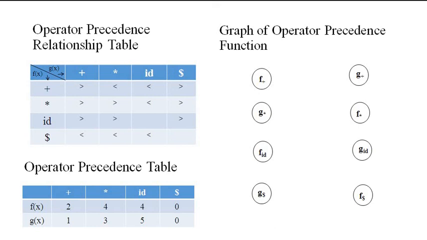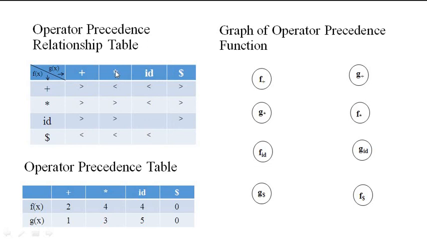So the first left addition is always performed first. So this plus has higher priority. Then plus and star: at that time star has higher priority. So the priority of plus is less and the priority of star is higher.